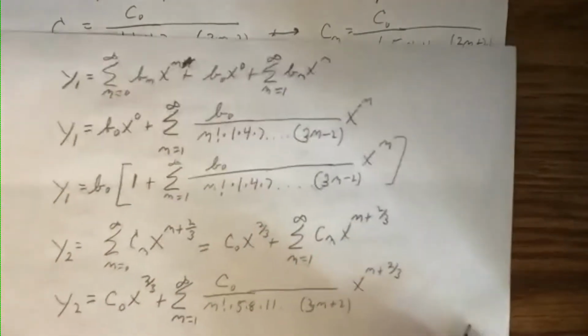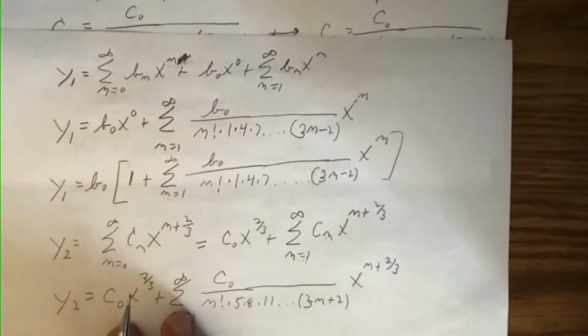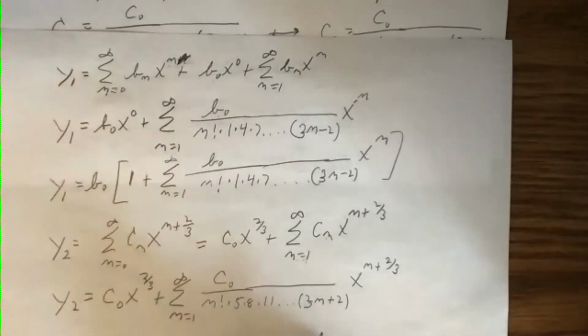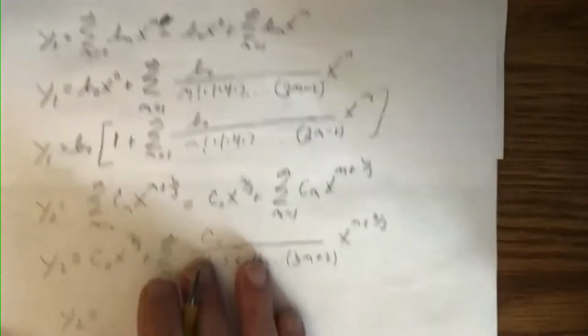Another way to do it too is to factor out a 2/3. Oh, we could leave it like that, or we could write it another way. I guess I have it written like this in my notes.